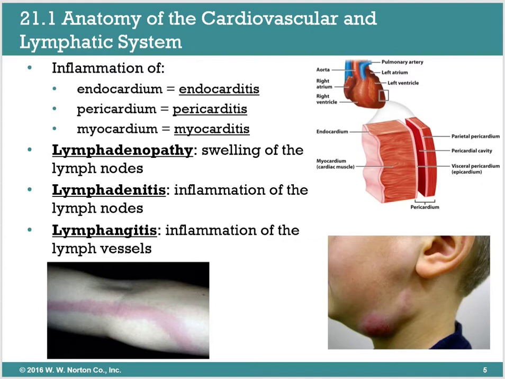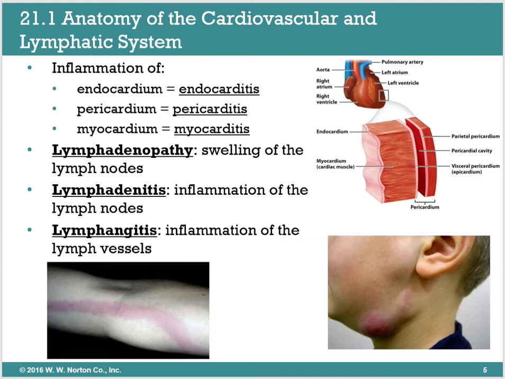So if you have inflammation of your endocardium, then it's endocarditis. Of your pericardium, it's pericarditis, and then myocarditis is of your myocardium. So that is different regions of your heart, different layers of like muscle. So it's not your heart as a whole. It's only a part of your heart.